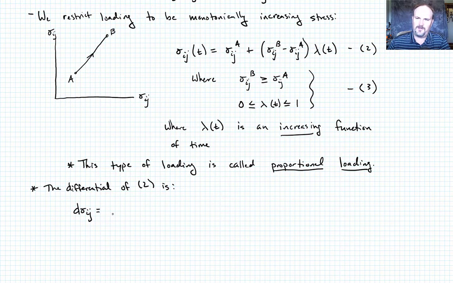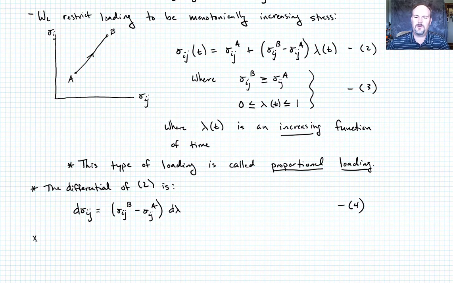Obviously, the differential of a fixed stress sigma ij a is 0, and then we have this constant, sigma ij b minus sigma ij a, times d lambda. That would be the differential. We'll call that equation 4.